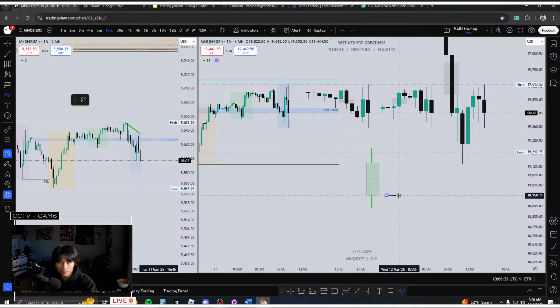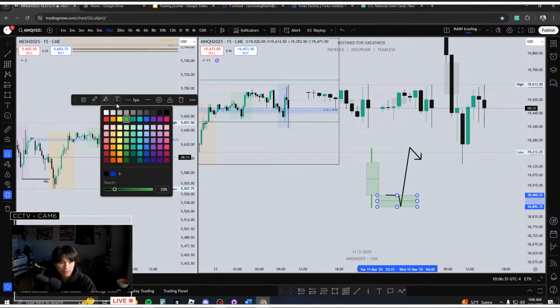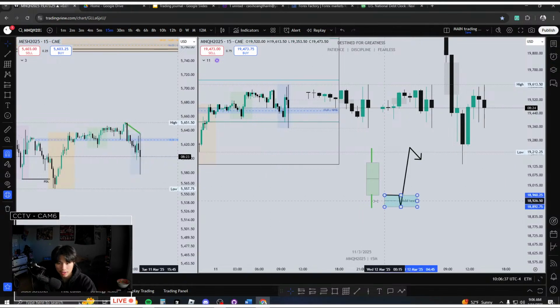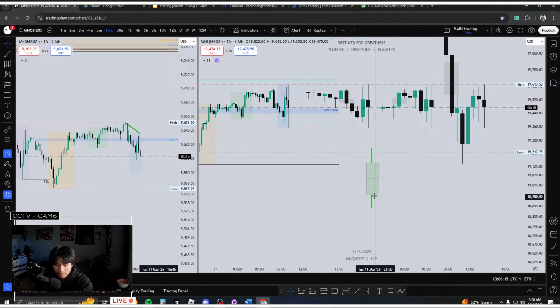So if we open here and I'm anticipating an up close candle, then my best buys will actually be in this scenario right here. So this would be considered buying in discount. So anywhere below the open in buy conditions would be the best buys, right? It's essentially buying in discount.